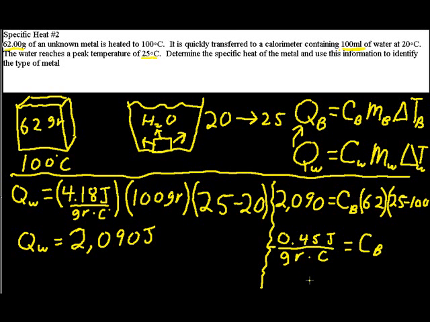And if you look this up on the standard chart of specific heat capacity, the substance is iron. Because iron has this specific heat capacity. And therefore, those are two examples of how specific heat capacity problems get solved.